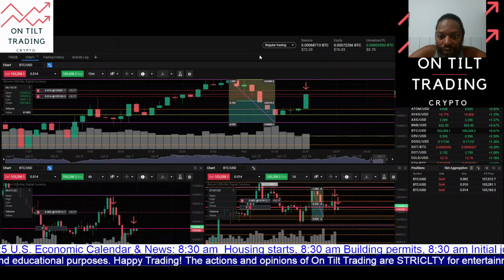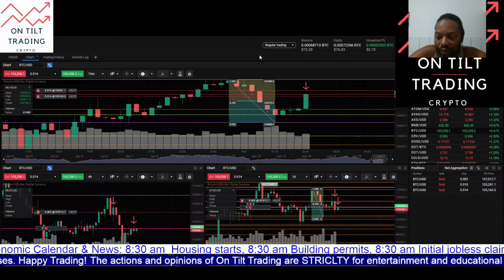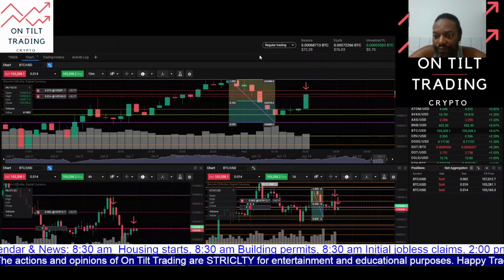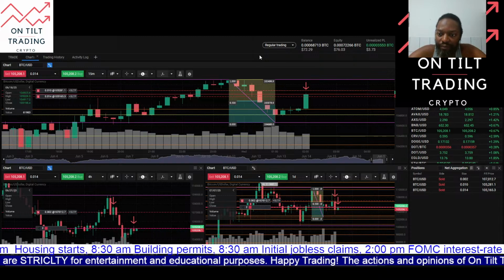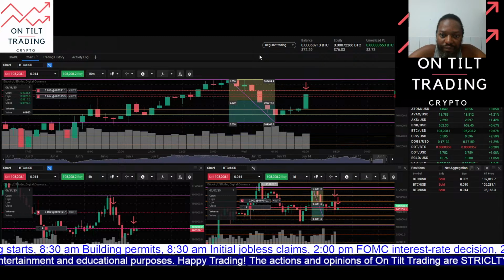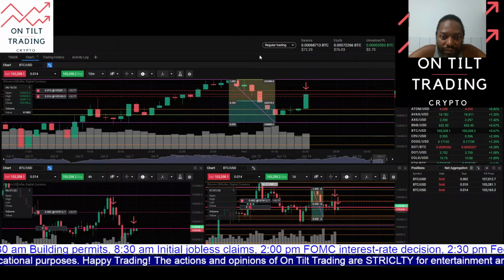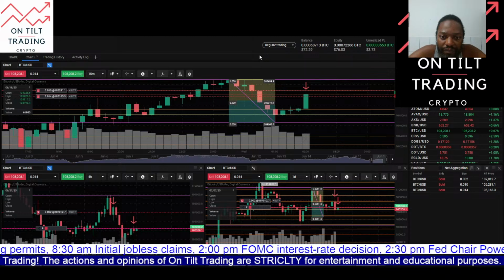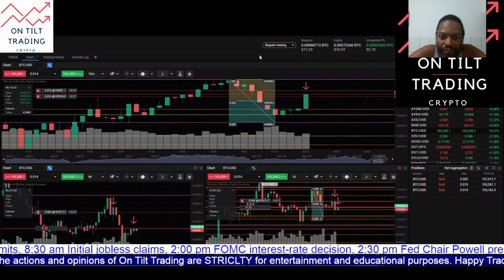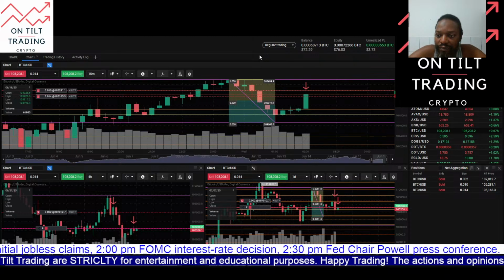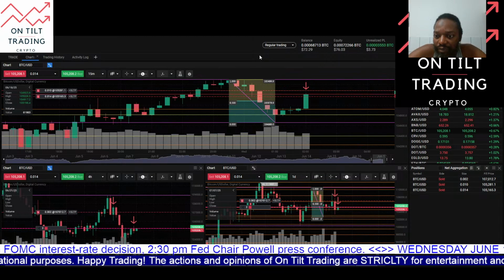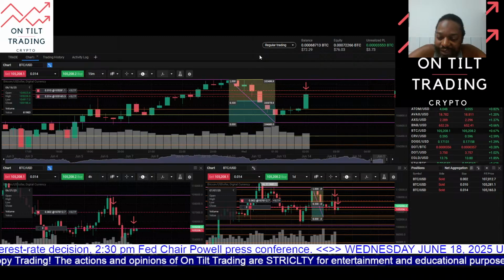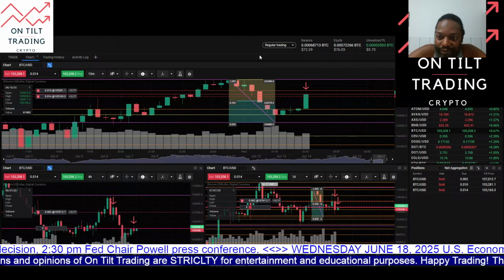So price consolidating here around the 105,200 level. Seems like the price action in Bitcoin this morning likes to pose for pictures.